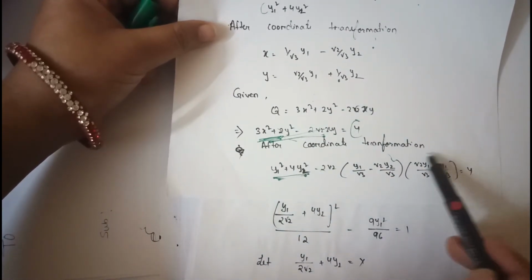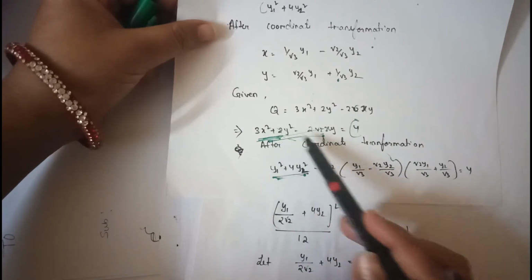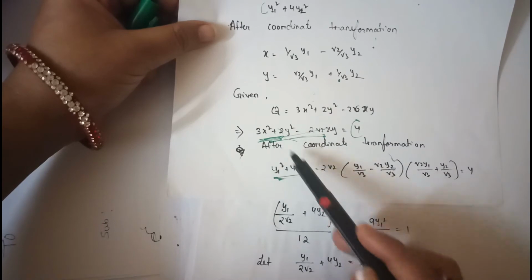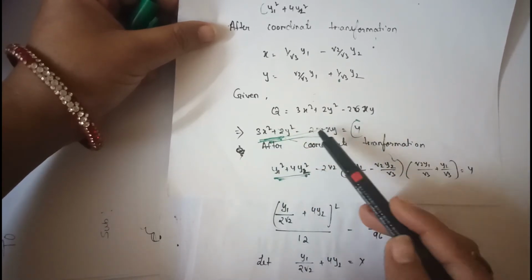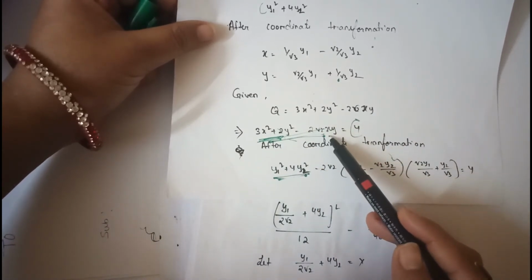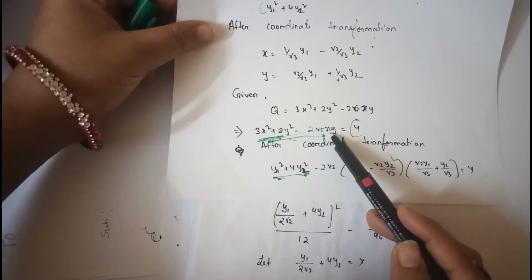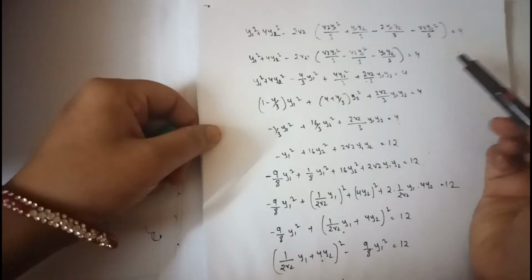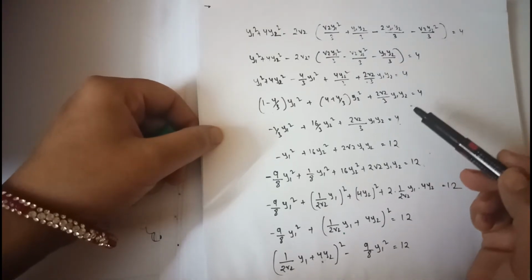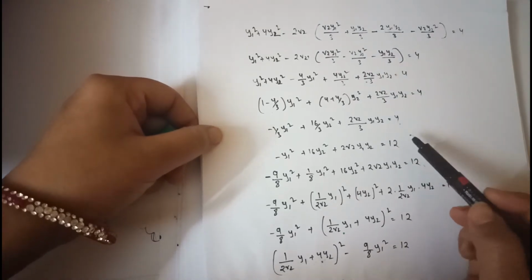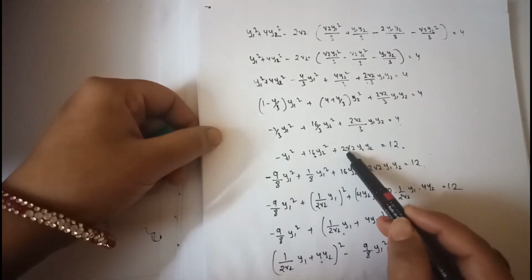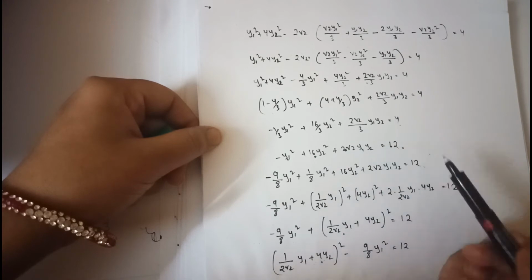Then look what I did, I just changed x and y into y1 and y2, right? This is my canonical change, which are the diagonal elements, and this is the non-diagonal element. So I just replaced the values of x and y in place of this, which equals 4. After solving all this, I got minus y1 square plus 16 y2 square plus 2 root 2 y1 y2 equals 12.